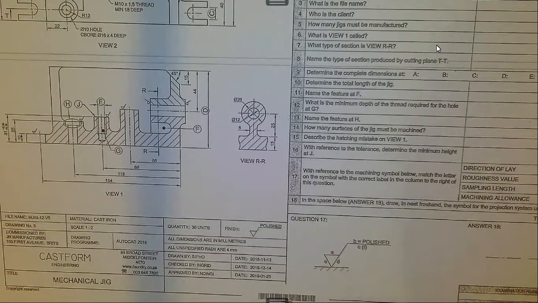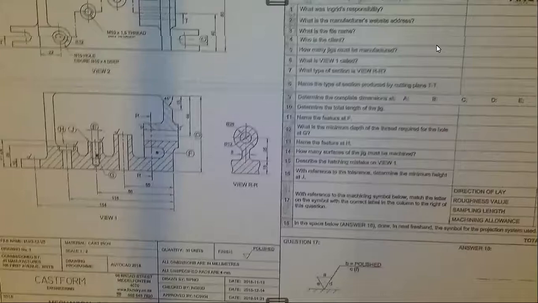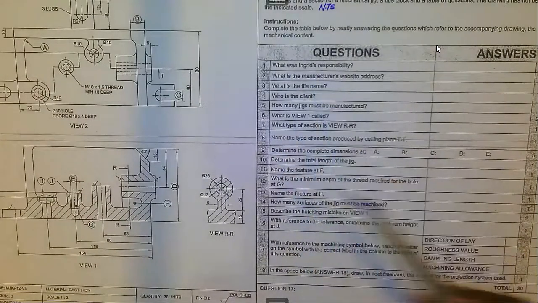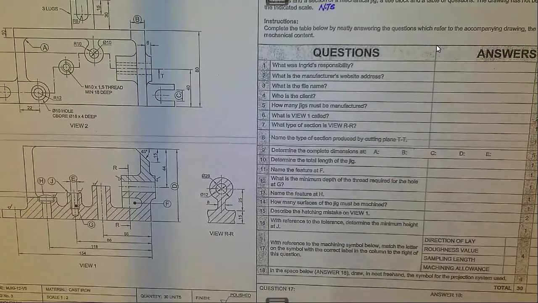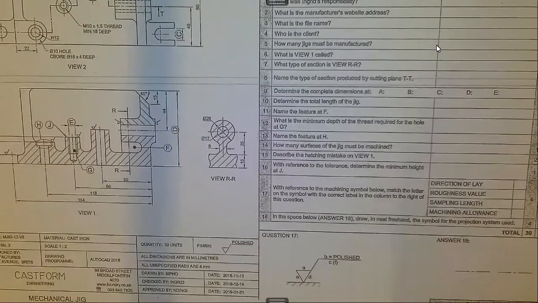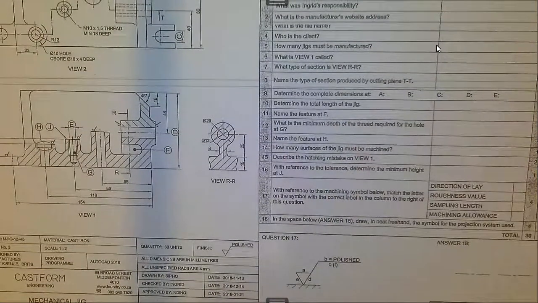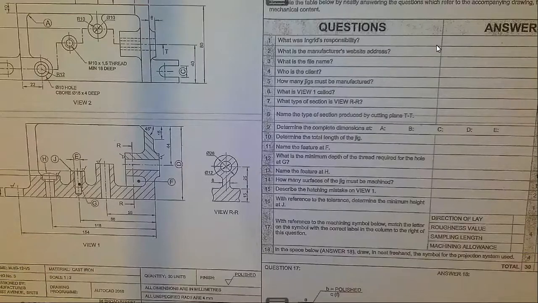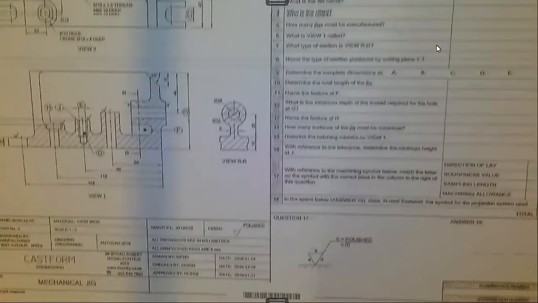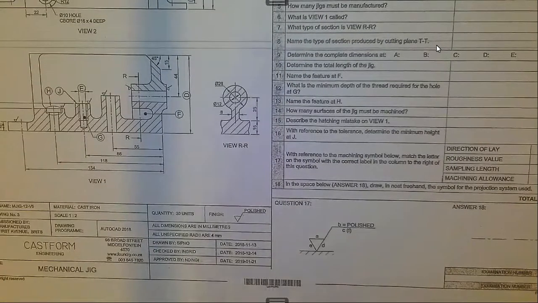What was Ingrid's responsibility in terms of question number 1? So we go to question number 1, we look at this. What was Ingrid's responsibility in terms of this work? We go to the title block. What is critical? We are going to look for this name, which is Ingrid, and we come down here and look for that. Next to it, you would find the responsibility.